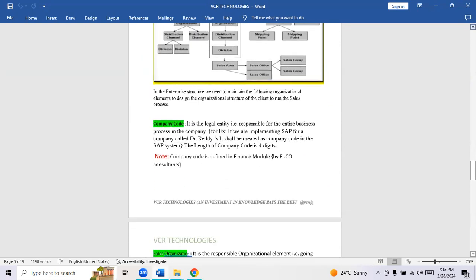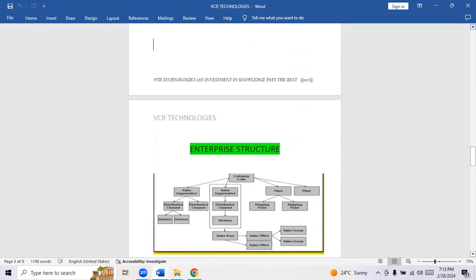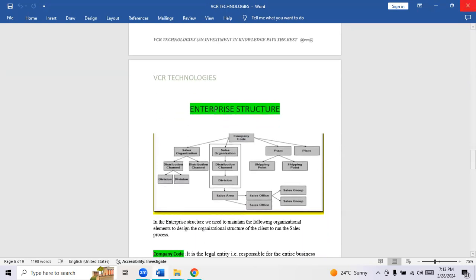In this enterprise structure, our client must have one company. The company must have a company code. Under this company code, we have sales organization, distribution channel, division, sales area, sales office, sales group, and plant.